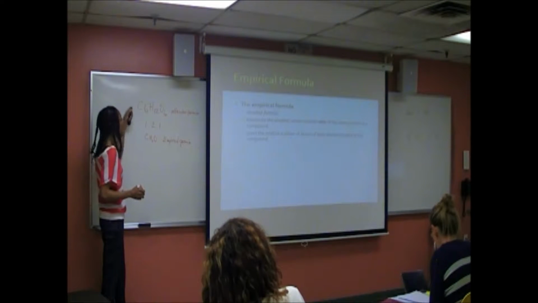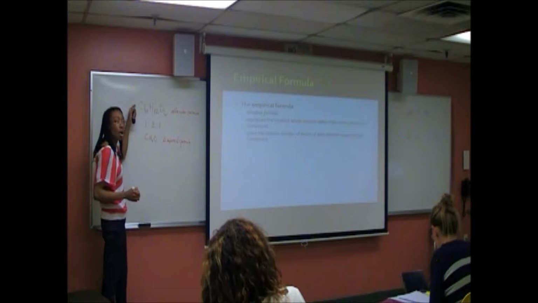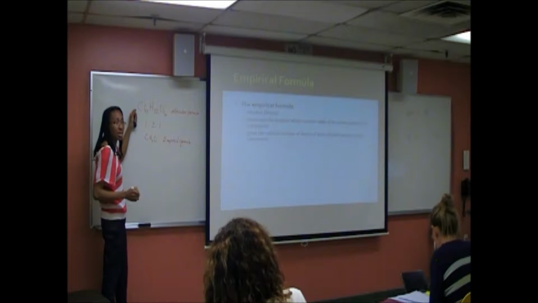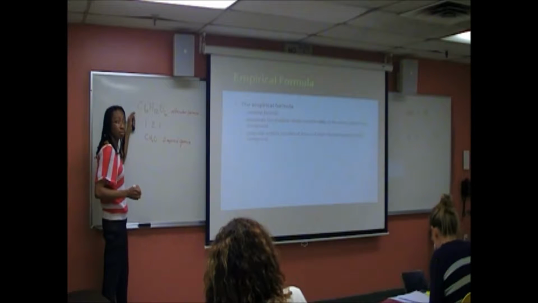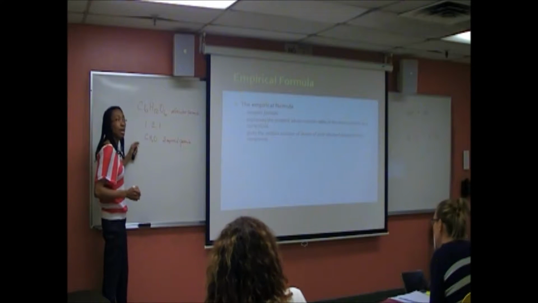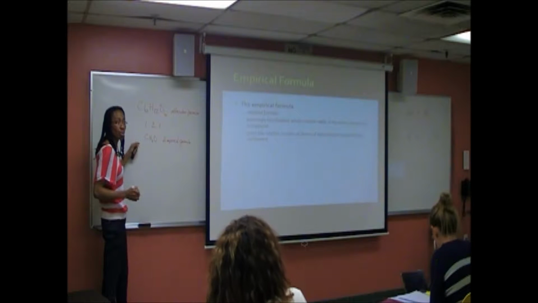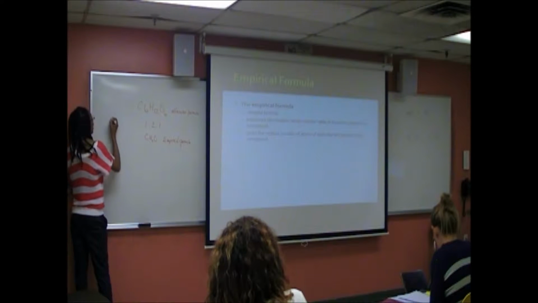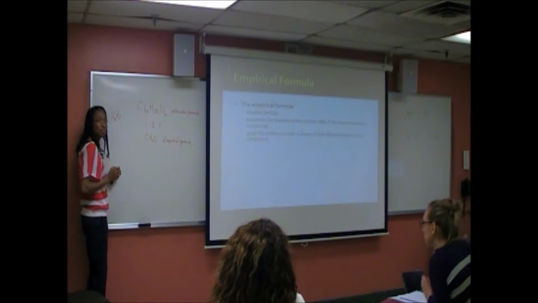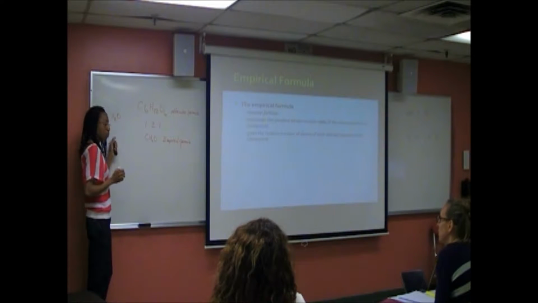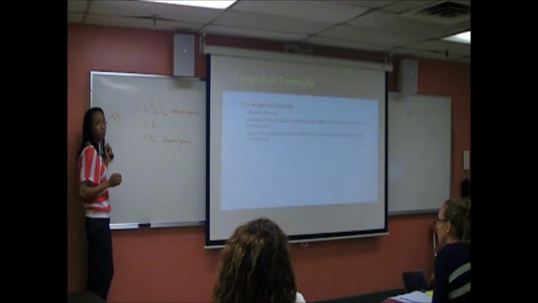Your molecular formula has all of the atoms present in your compound. Your empirical formula has a ratio of atoms present in your formula. So let's say if you had H2O, what would be the simplest ratio for H2O?